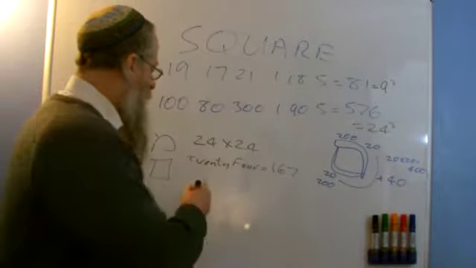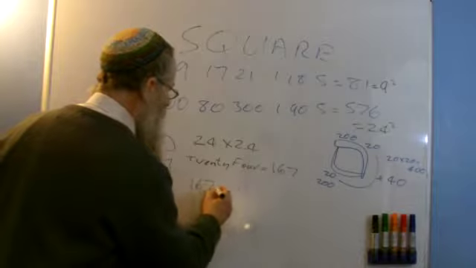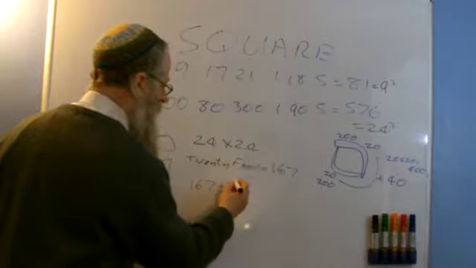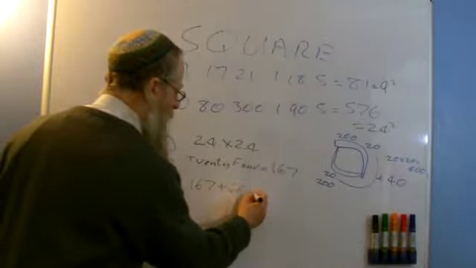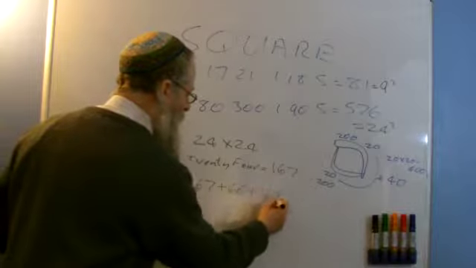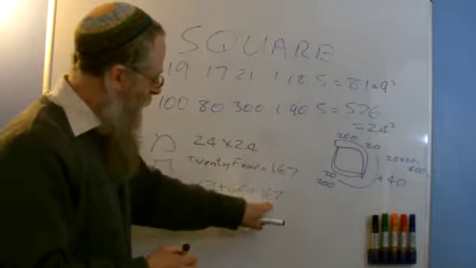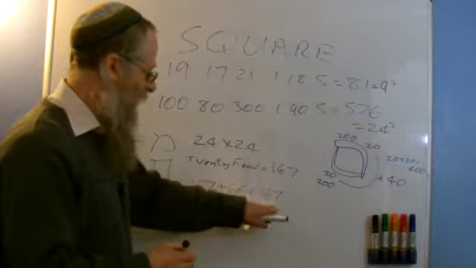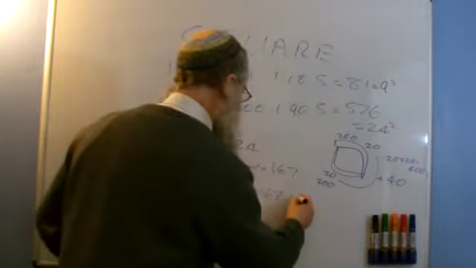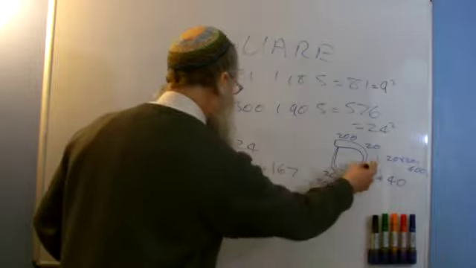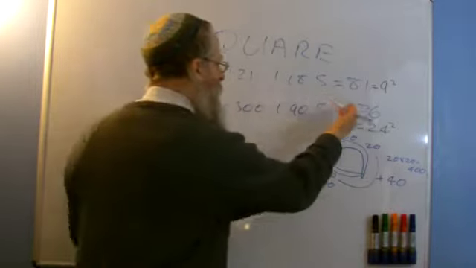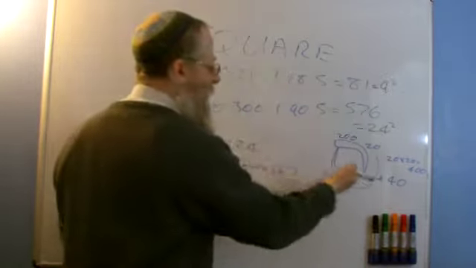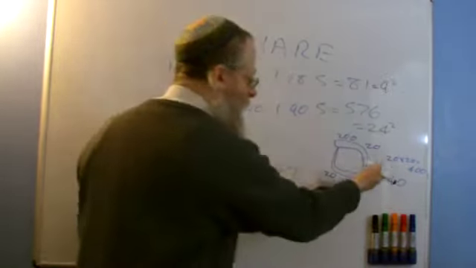Okay, so 24 times, the word times is 66, 24. So I've got 24 times 24 as the phrase 24 times 24, and I'm adding it all together. I'll get 400. So I have another connection here between this value, the square, and the final mem, which is 400.